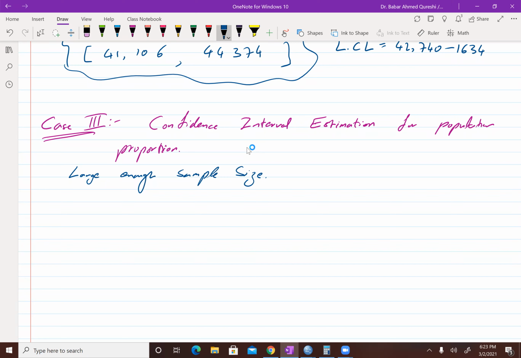So essentially, what you need to have is that if P is the population proportion, and N is your sample size, then N P times (1 minus P), if this is greater than 5, then you can pretty much do this procedure. And it's again based on what we have already learned.